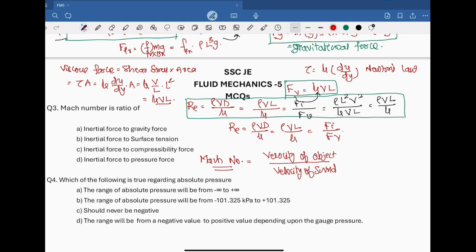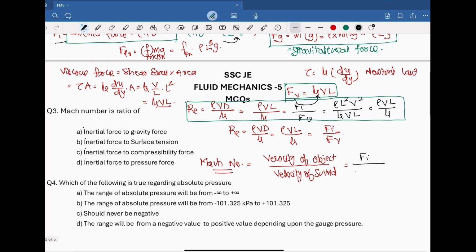Velocity of an object, wherever it is there, please remember, represents inertial force. That means ratio of inertial force. In all four alternatives, A, B, C, D, inertial force is there. Then knowing this alone will not be sufficient. We have to know the velocity of sound, to which force it is connected. Velocity of sound is connected to compressibility force.